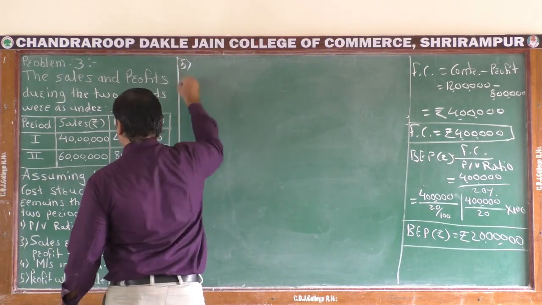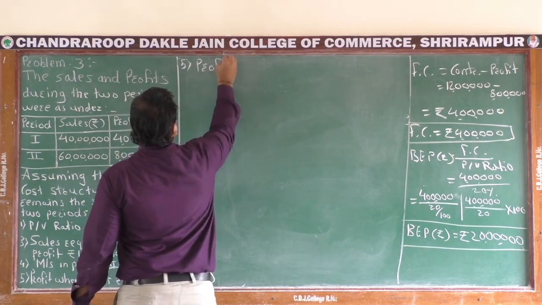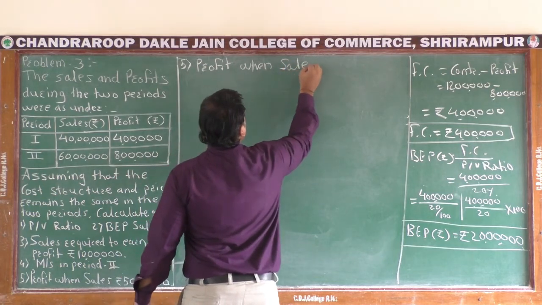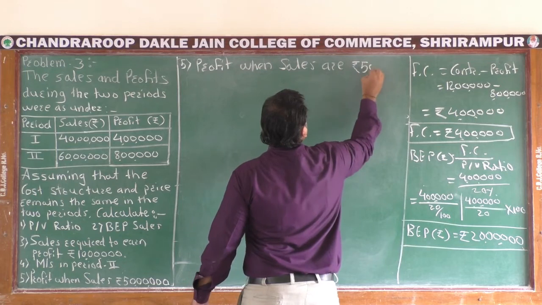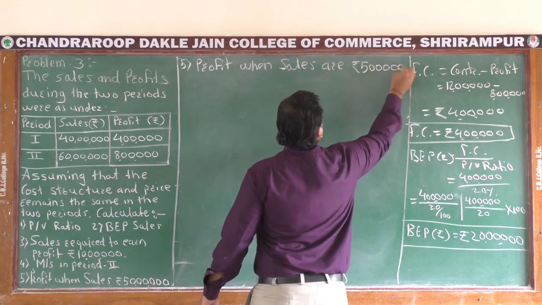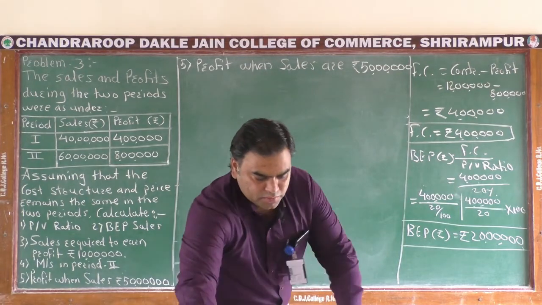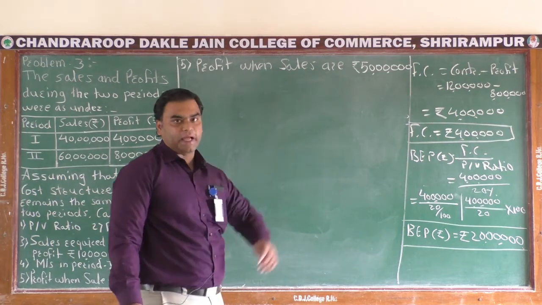Fifth item, that is profit when sales are rupees 50 lakh.